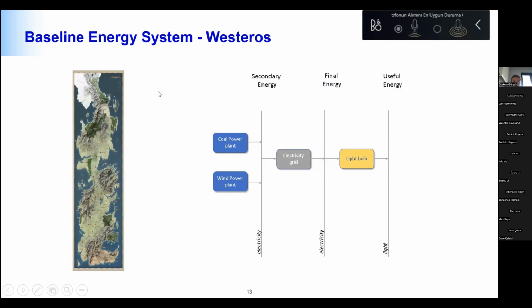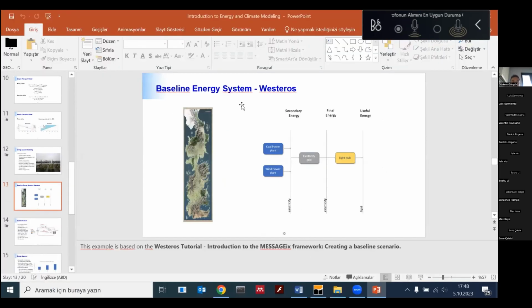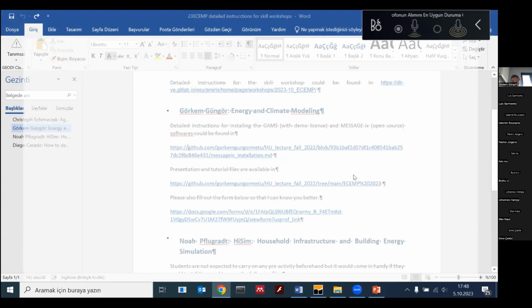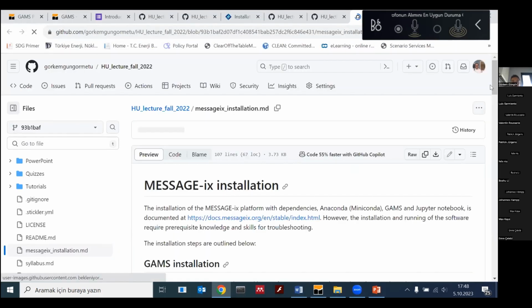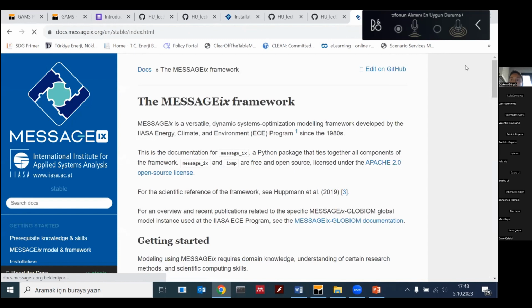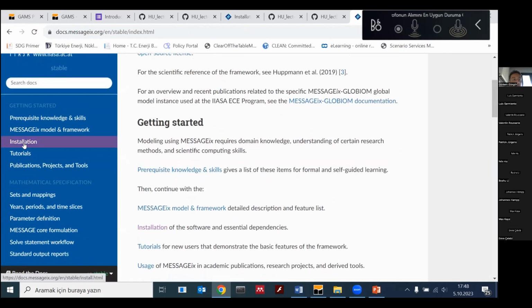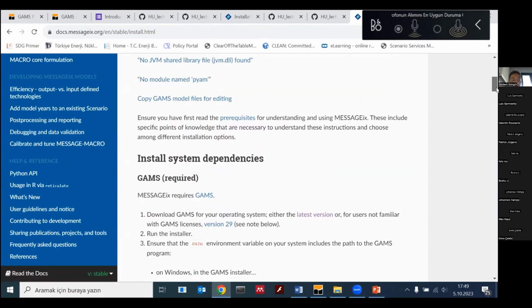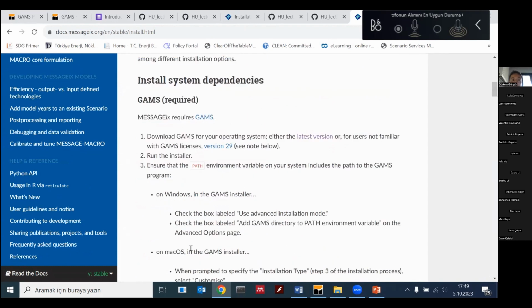My second example is by using MESSAGEix, and in the installation sheet, the exact installation document you can reach from the IIASA website, which I also included the link.